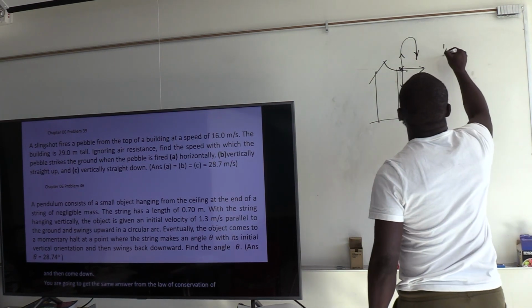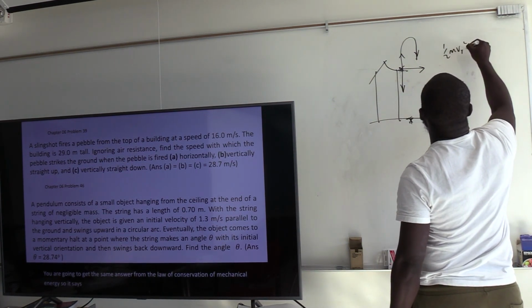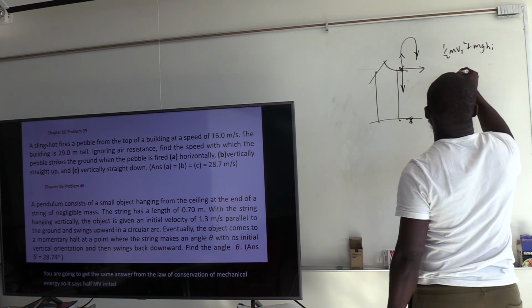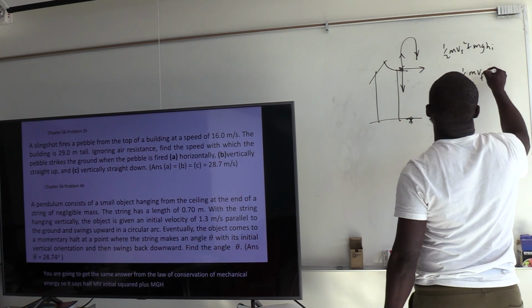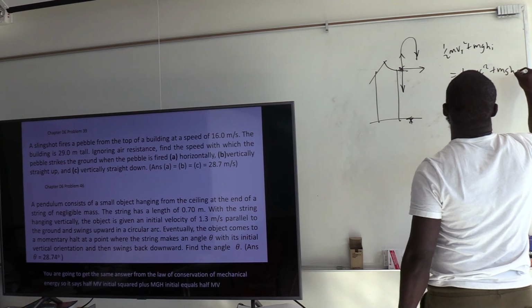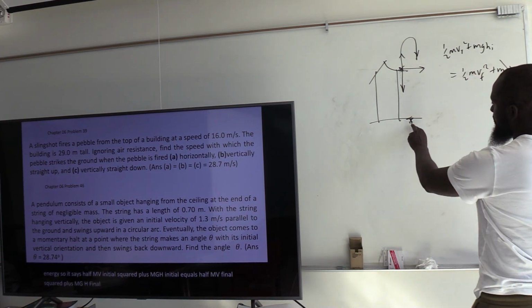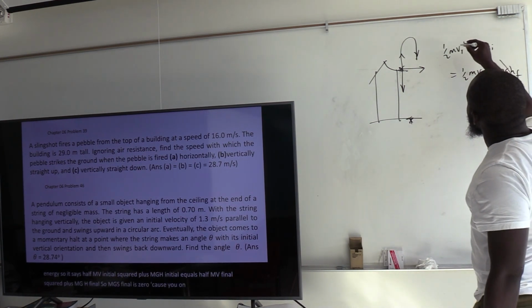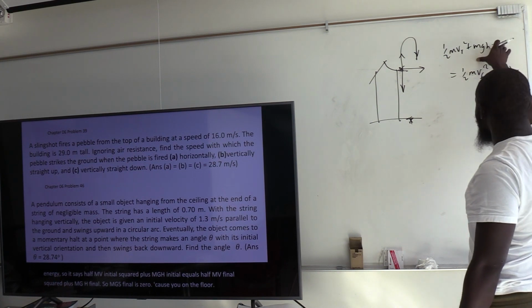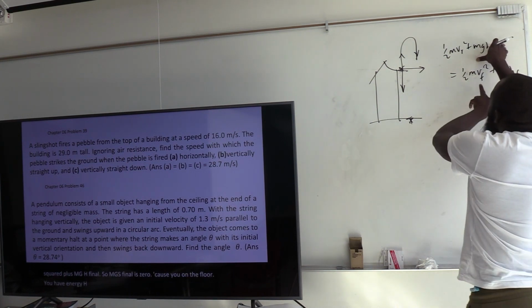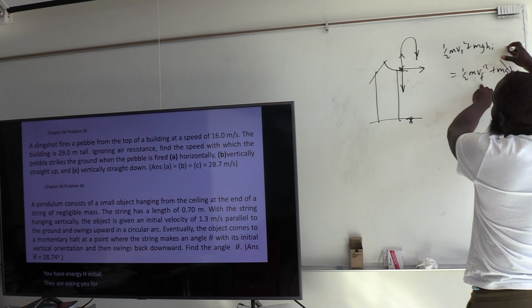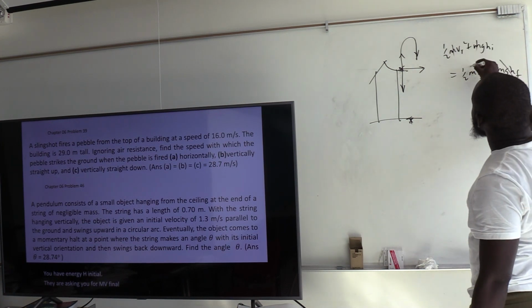So it says half m v initial squared plus m g h initial equals half m v final squared plus m g h final. m g h final is 0 because you're on the floor. They're asking you for the final velocity, so cancel all the m's.